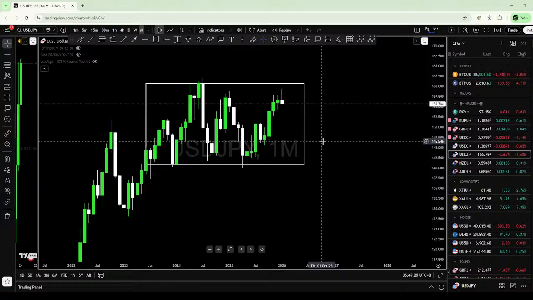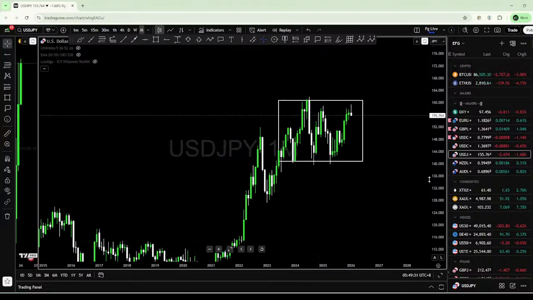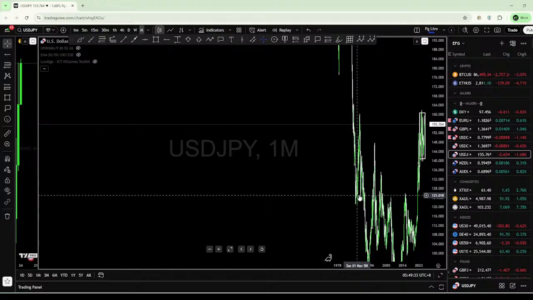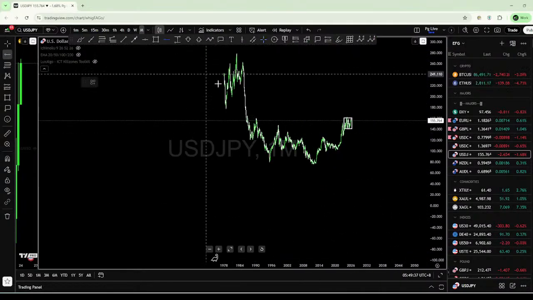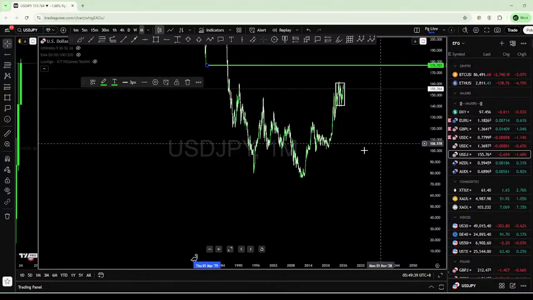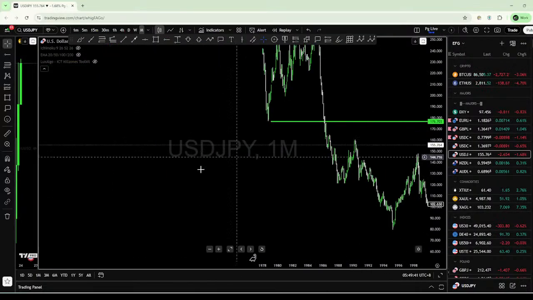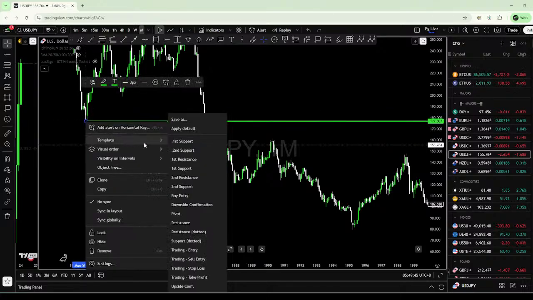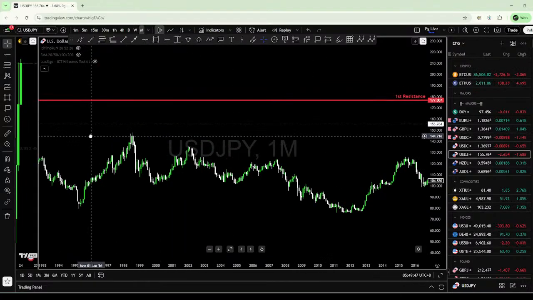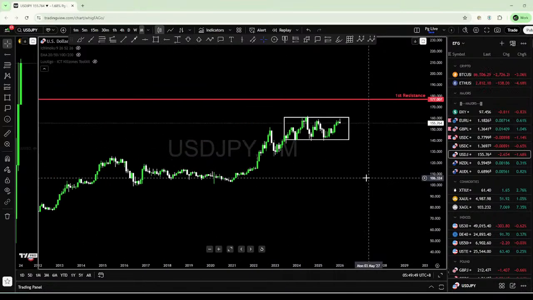Of course, monthly is ranging right now. Okay, the key resistance is here. I'm gonna draw this as the first resistance for the monthly time frame.